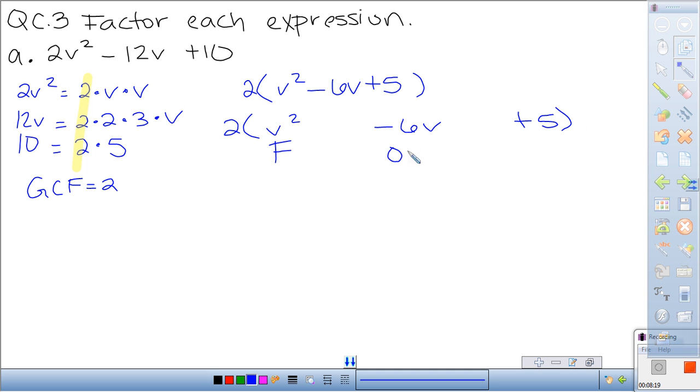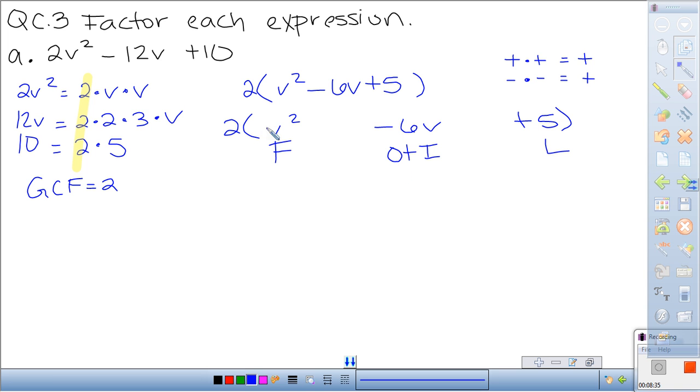First, outer plus inner, and last. We need to get a negative in the middle here. Since this is a positive number here, to get a positive number, I either have to do a positive times a positive, that gives me a positive, or a negative times a negative, which will also give me a positive. And if I do a negative times a negative, then I can also end up with a negative in the middle. So I'm going to have to use negative factors for 5.